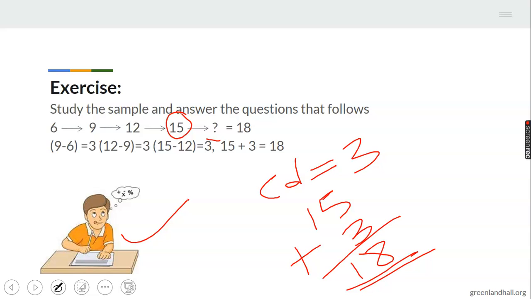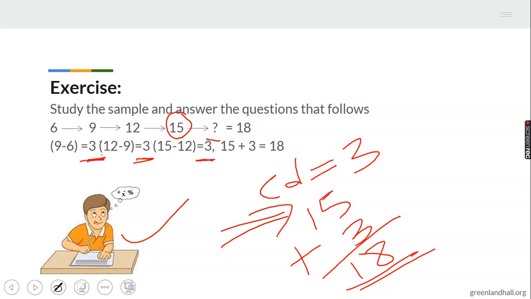So one more time, I'm going to wrap it up for you. You look for the common difference, and how do you do that? 9 take away 6 gives us 3. 12 minus 9 gives us 3. 15 minus 12 gives us also 3. And because we're looking for the next number, since 15 is our last number, we'll come over here. 15 plus 3 will give me 18.